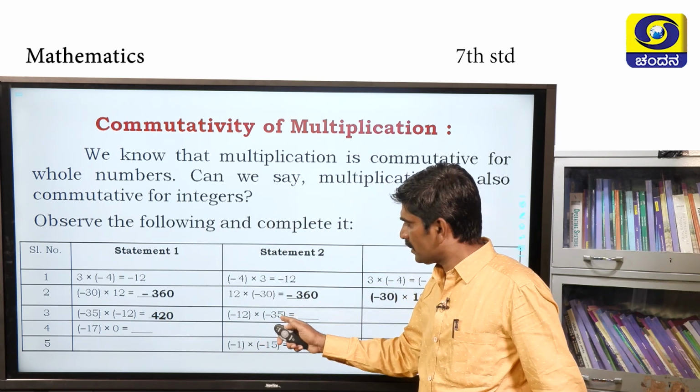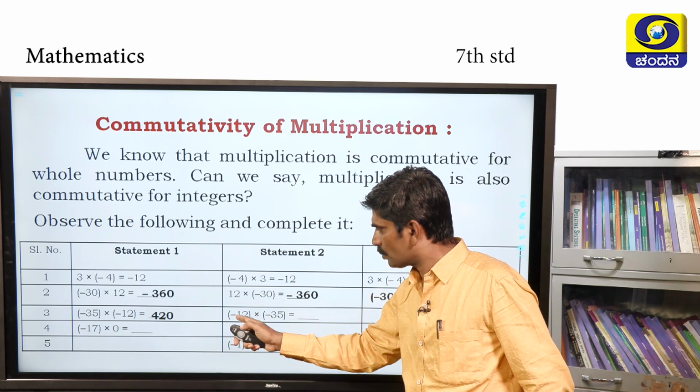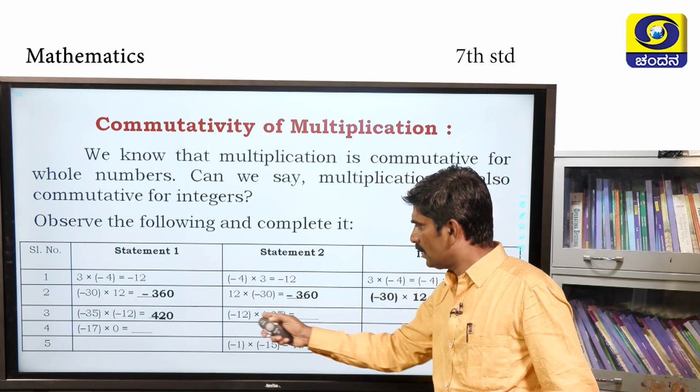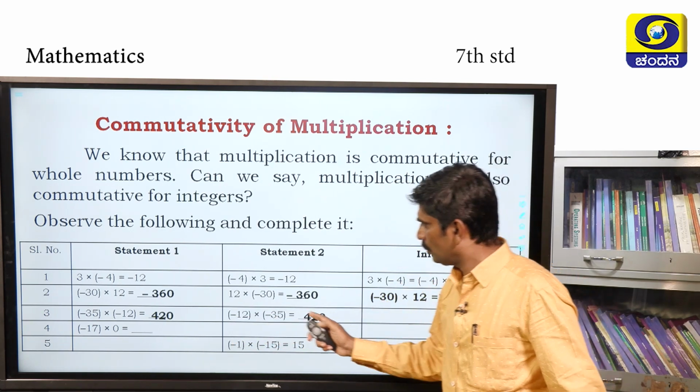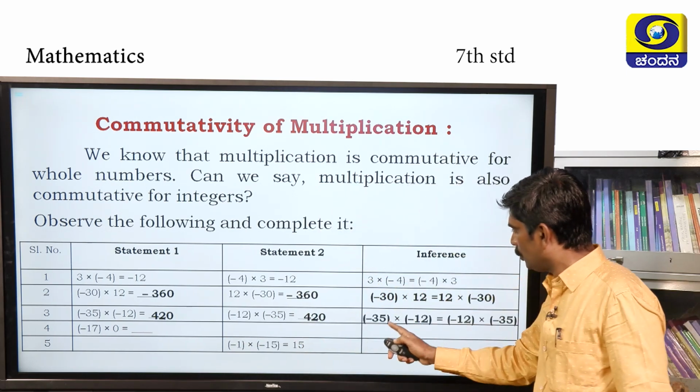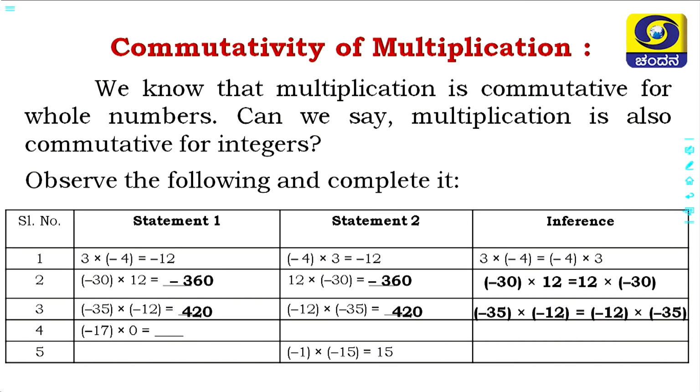Interchange: minus 35 into minus 12 is also 420. These two are equal. Minus 70 into 0 is 0. Interchange: 0 into minus 17 is also 0. These two statements are equal.